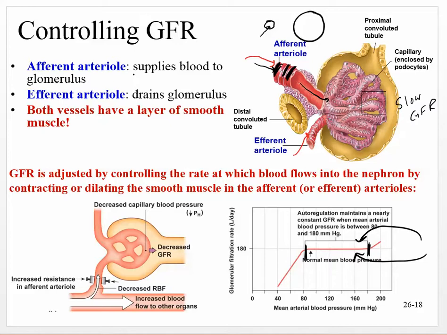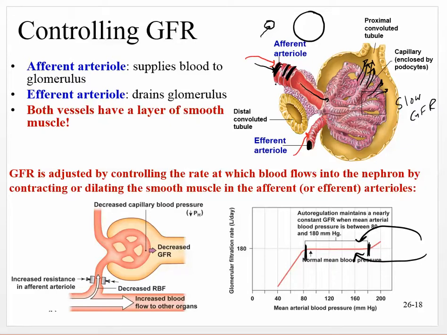You can constrict the afferent arteriole and let less blood flow through, or if you constrict the efferent arteriole, think about what happens there. If you block this off and blood's still moving in, you're increasing pressure, and so more fluid will go through, and that means you're increasing GFR. So it kind of makes sense without memorizing.